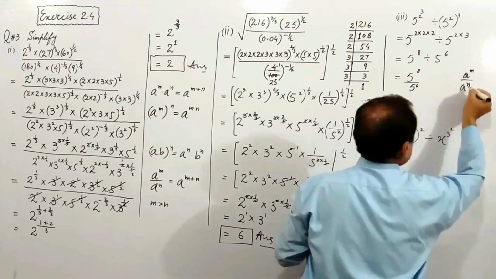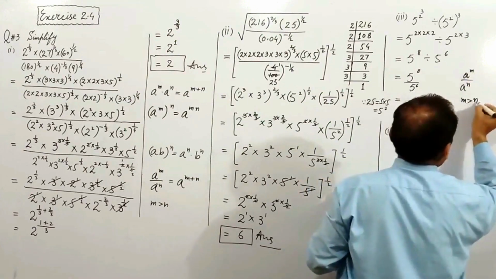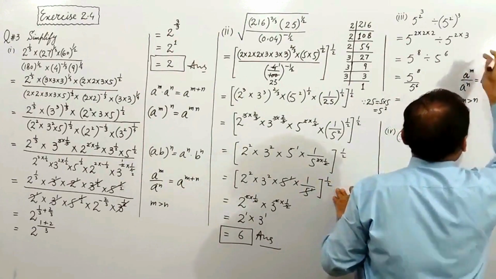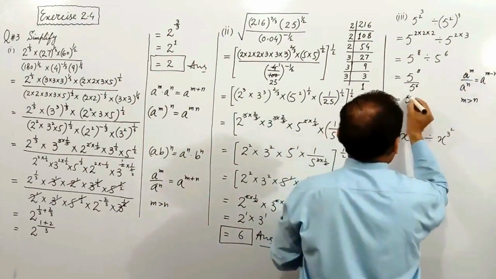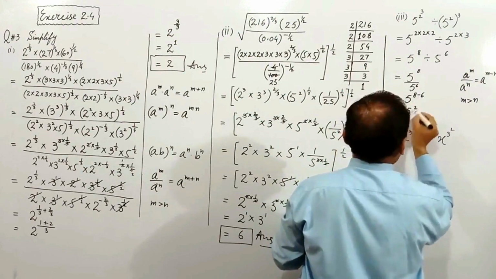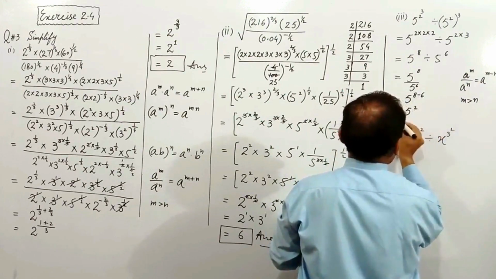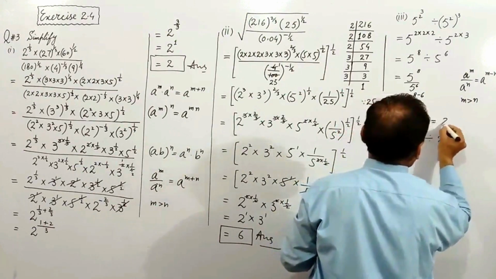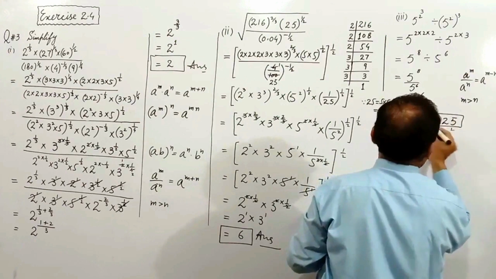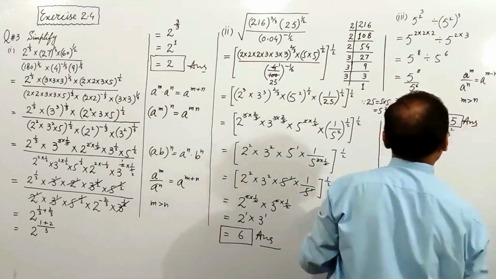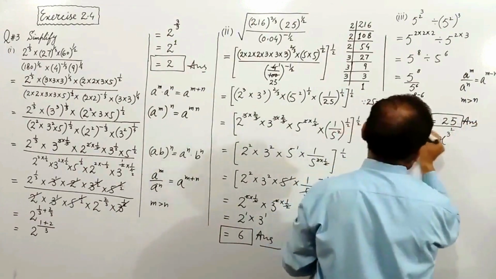When m is greater than n, that becomes a raised to power m minus n, and move to the numerator. So 5 raised to power 8 minus 6, 5 raised to power 2, it means 5 multiply 5, that is equal to 25. That is the simplified answer of this part.